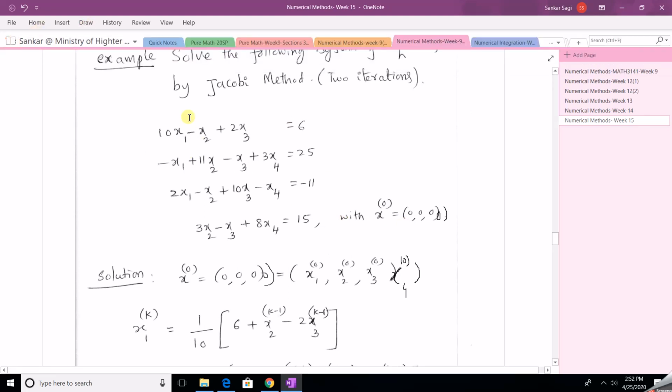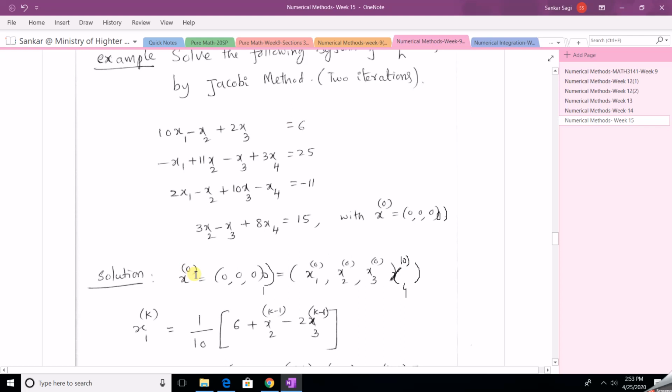Okay, so the initial values of x1, x2, x3, x4 are given as 0, 0, 0, 0. That means the x1 initial approximation is 0, x2 is 0, x3 is 0, x4 is also 0. So that is the vector x in brackets 0. This 0 in brackets indicates the 0th approximation or the initial approximation.